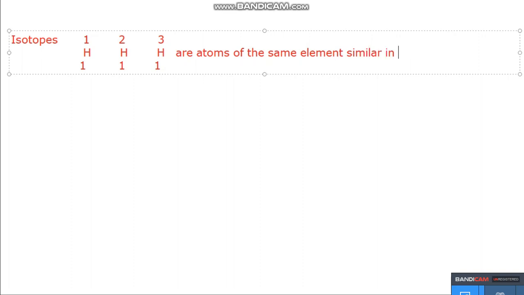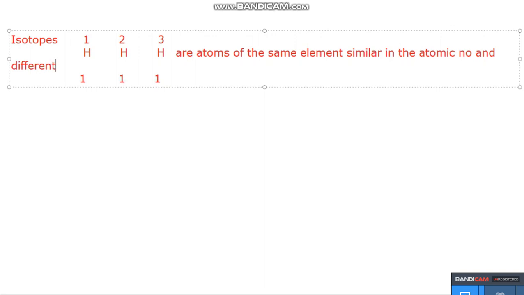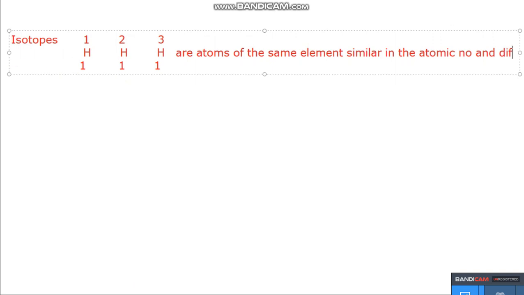They are similar in the atomic number and different in the mass number. We have here 3 atoms of the same element. They are similar in the atomic number, but they are different in the mass number.